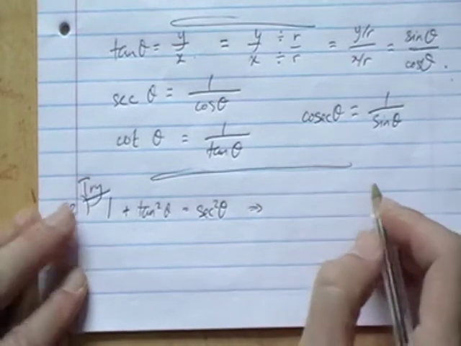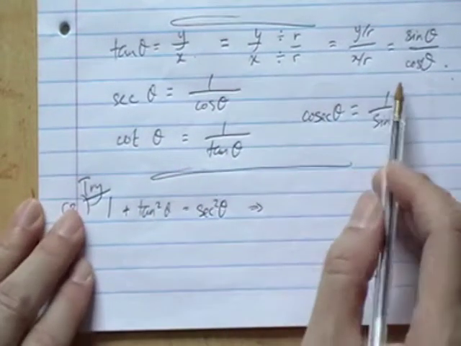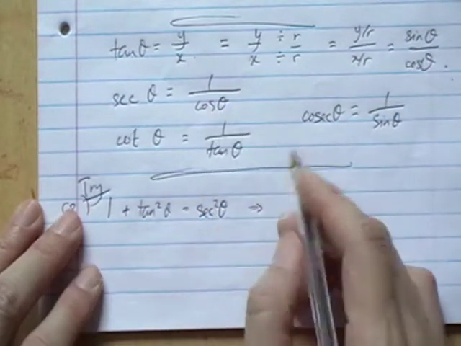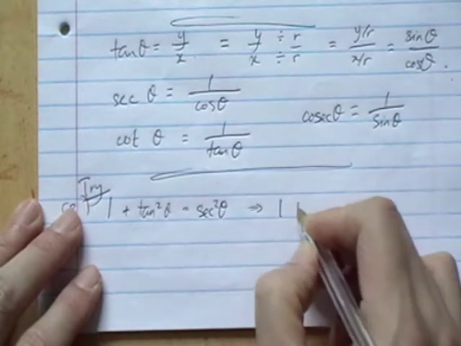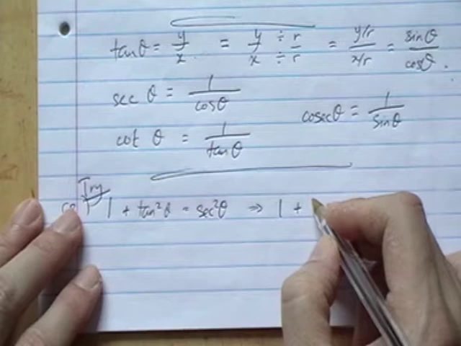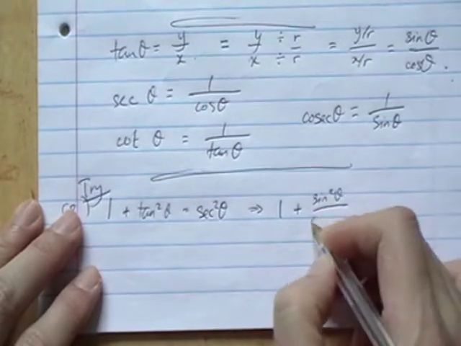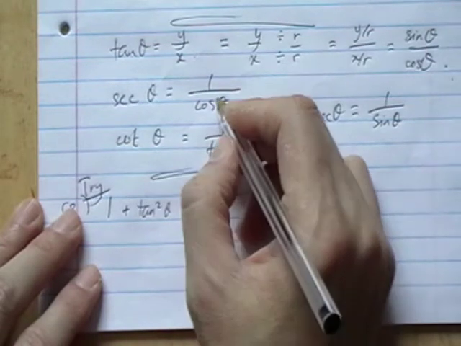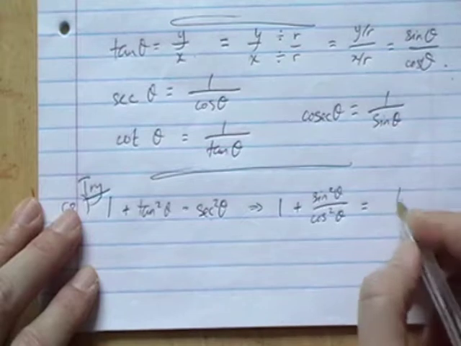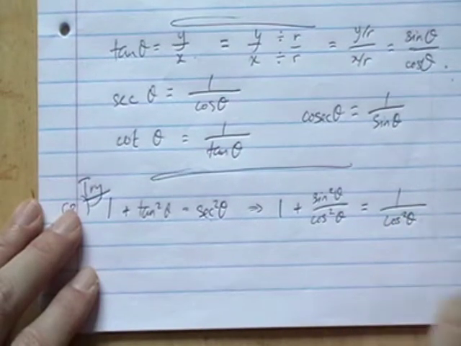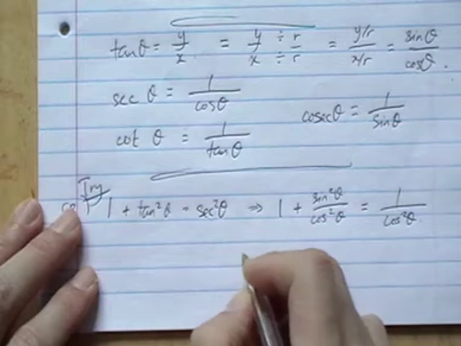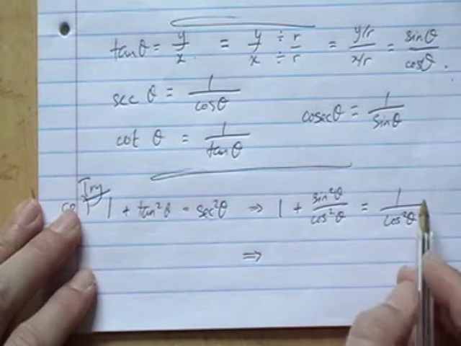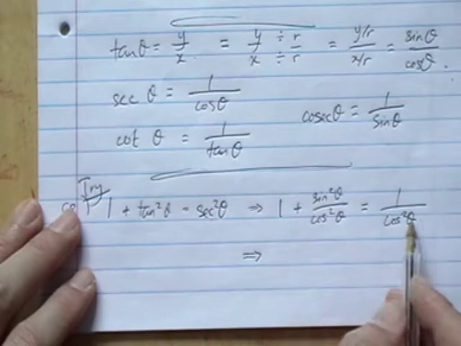Now if I substitute the definitions in terms of sine and cosine, this is the same as 1 plus sine squared theta over cosine squared theta equals 1 over cosine squared theta. I have fractions here, so we do what we might often do in algebra, get rid of the fractions by multiplying by all the denominators.